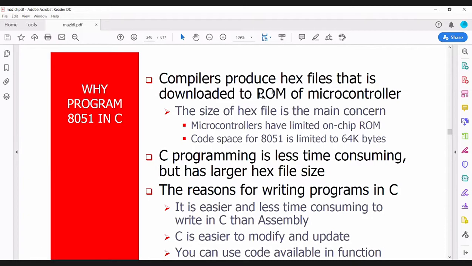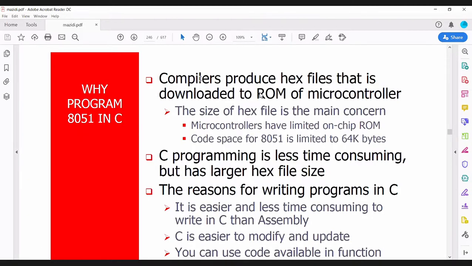But it has larger hex files. So there is a trade-off here, a drawback: larger hex files. Ultimately, the hex file needs to be uploaded into your 8051 system.